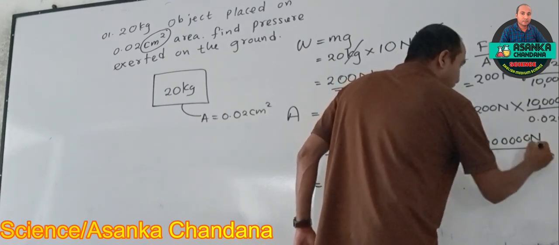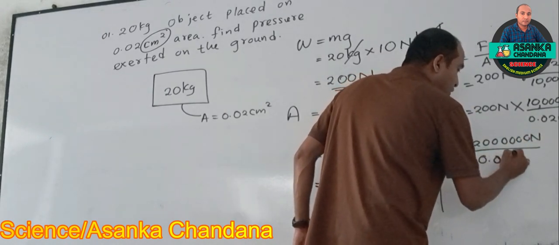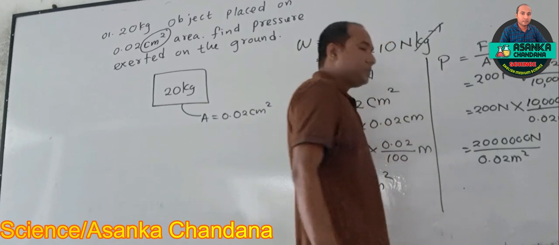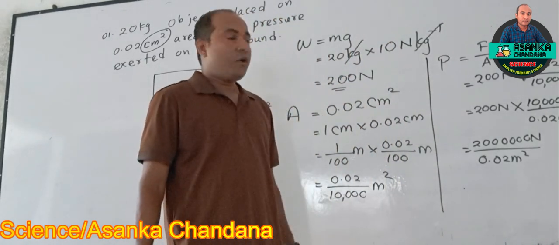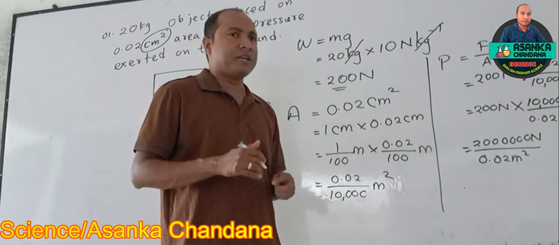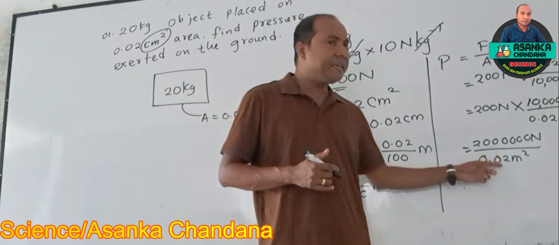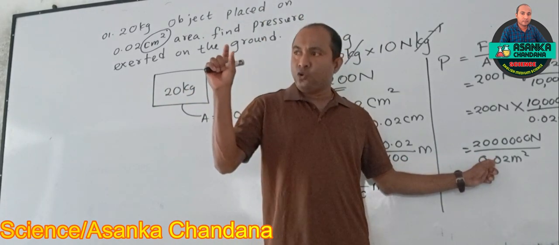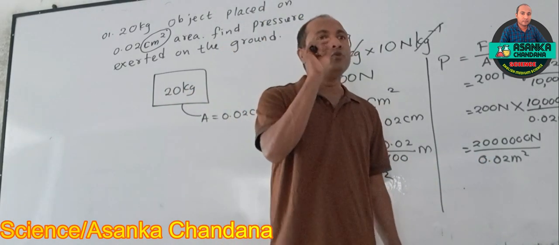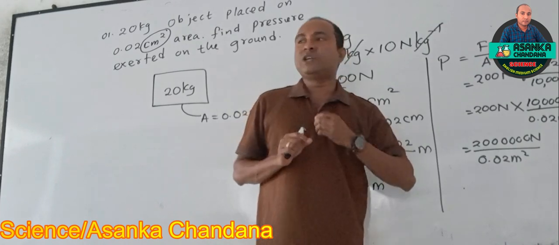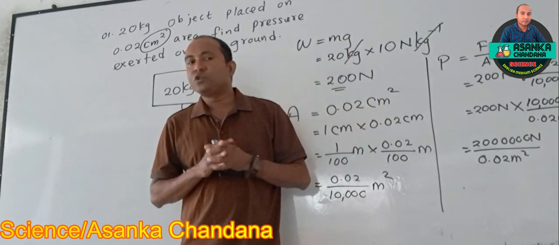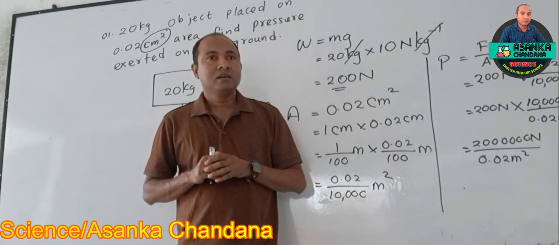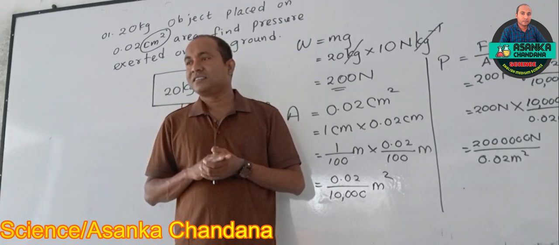Newton divided by 0.02 square meter. How to remove the 0.02 square meter? How many decimal places are there here? There are 2 decimal places now. If there are two decimal places, we should multiply it by 10 or 100 or 1000? 100.